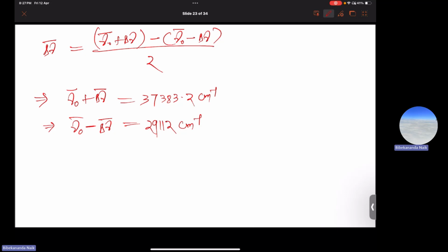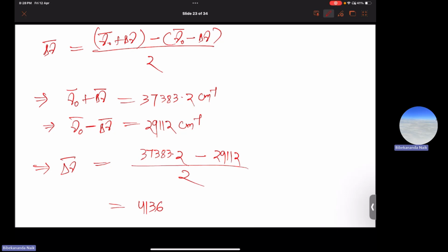Then we need to find the value of Raman shift. So the Raman shift delta nu bar will be 37383.2 minus 29112, divided by 2. This value will be 4135.6 centimeter inverse, which corresponds to the fundamental vibration. So this is the wave number corresponding to the fundamental vibration.